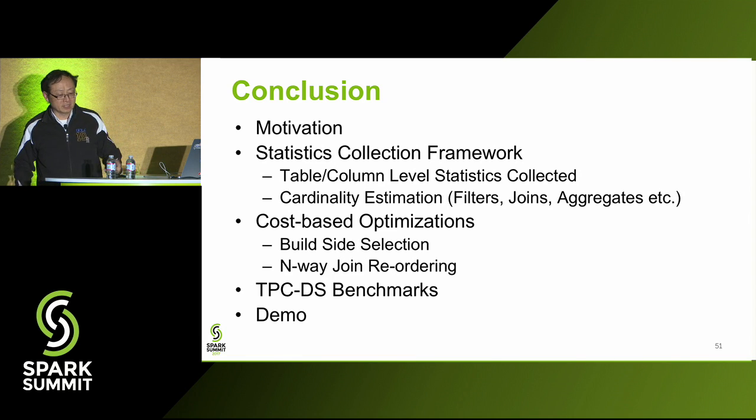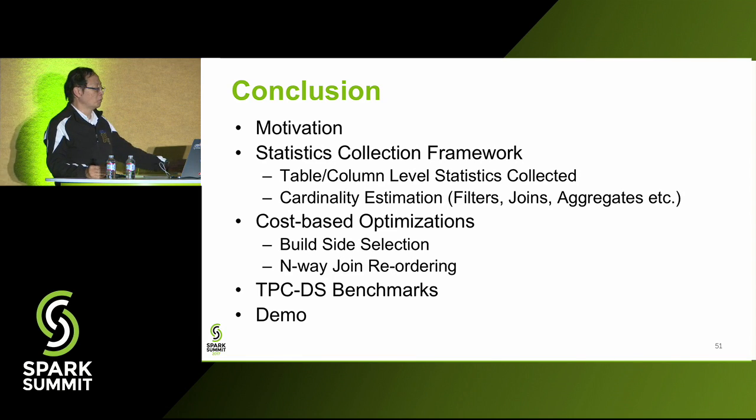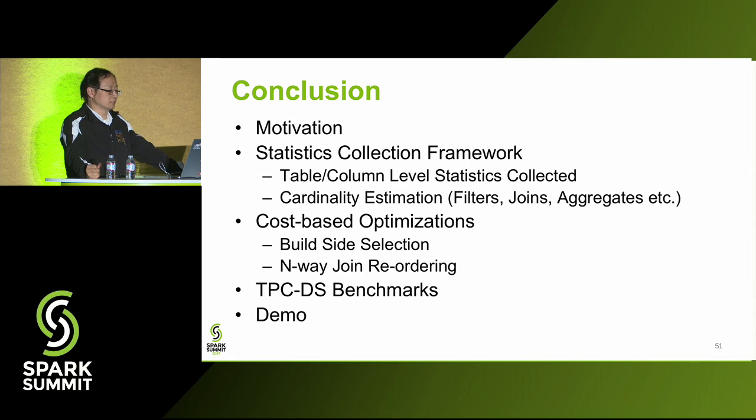So today, we have shown you the motivation for the CBO project. As you know, the optimizer is the brain of a database engine. By introducing this cost-based optimizer, we hope we have made some architecture improvement to Spark's optimizer. We also showed you our statistics framework, how we collect table-level and column-level statistics, and how we estimate the cardinality for each operator.